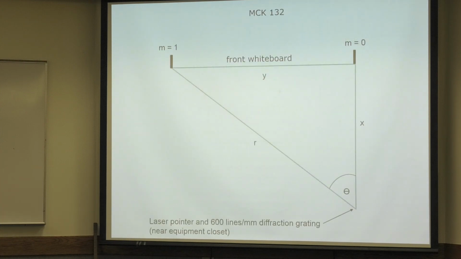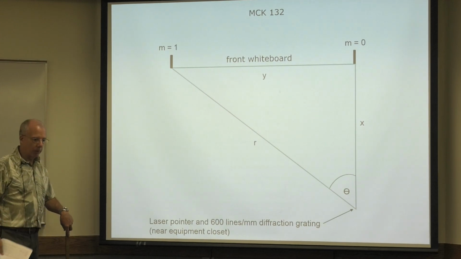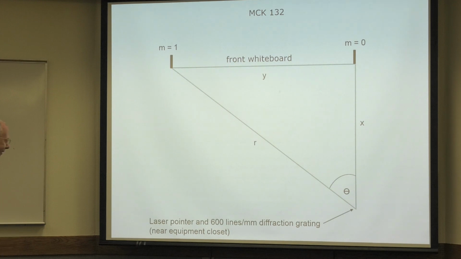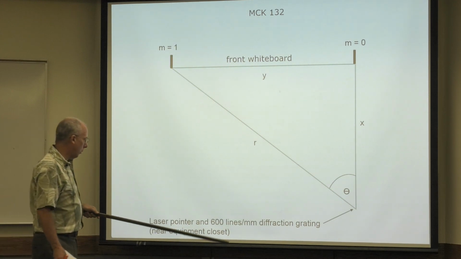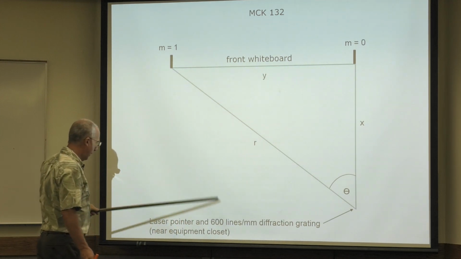All right, so this is a demonstration I do every year I teach this class in one of the classrooms, so I just have to describe it here. I usually do it in McKay 132. This is the front whiteboard, the front of the classroom, and this is the back.